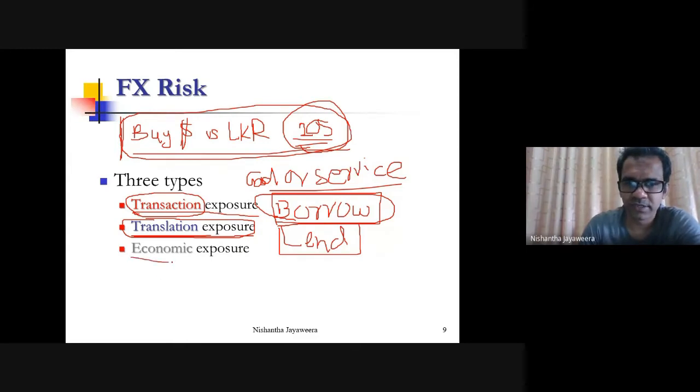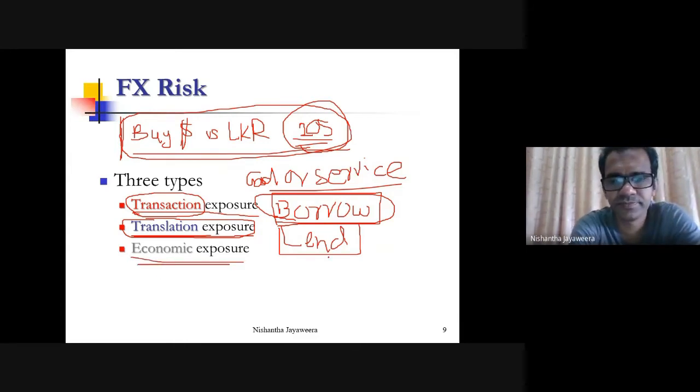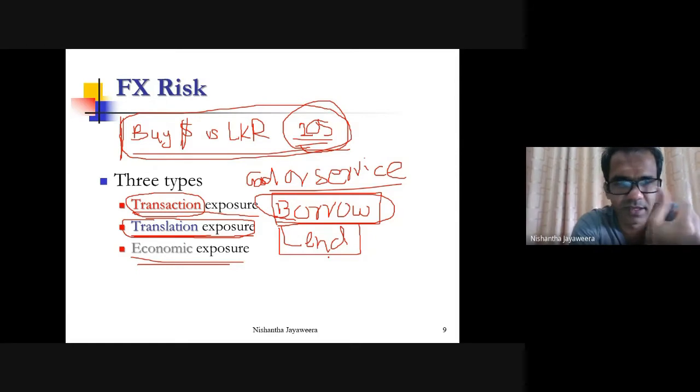So what is economic exposure? Can someone explain what is economic exposure? This is generally something any of us may face, even though we don't have any direct foreign currency or any direct transactions with foreign parties or any exposure to foreign currencies.